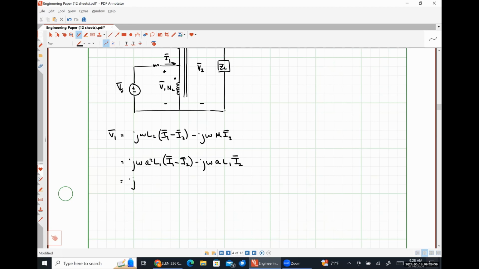So we could pull out a J omega A L1, and we would have A times I1 minus I2 like so.